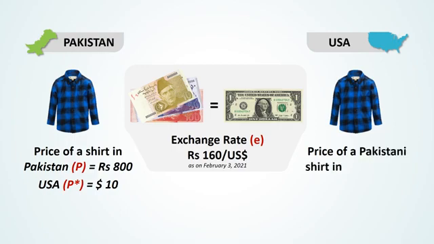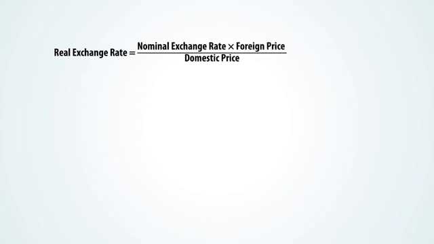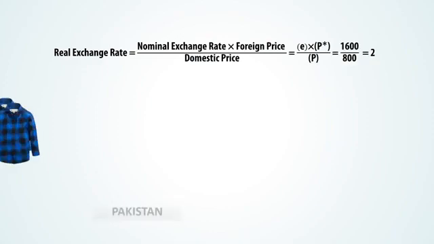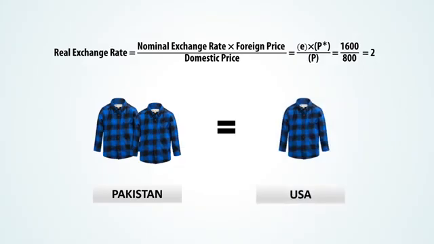Given a nominal exchange rate of Rs 160.18 to a dollar on February 3, 2021, the domestic price of 1 unit of foreign good is therefore around Rs 1600. To get the real exchange rate, we need to divide Rs 1600 by Rs 800, which is equal to 2. This means that 2 units of domestic good can be exchanged with 1 unit of foreign good.